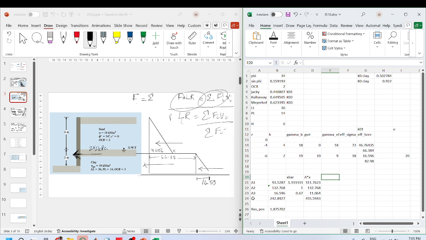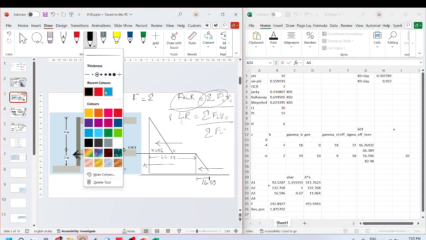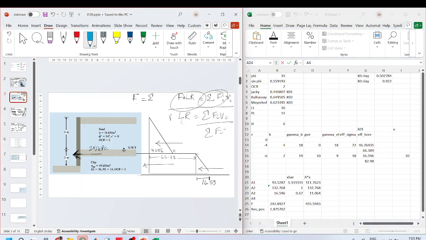If you talk about total stress, then we will have another area, this A4. We have 10 into 2 is 20 here.